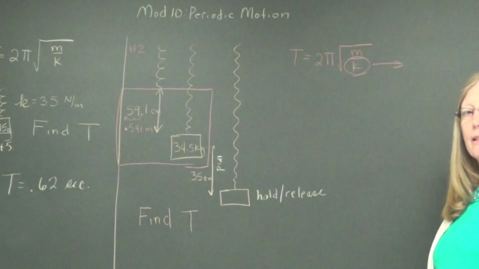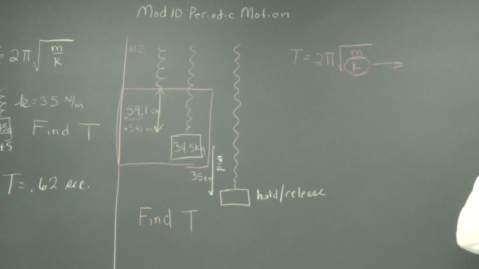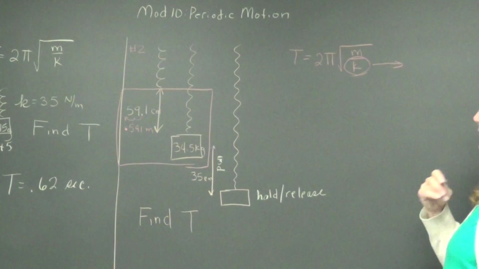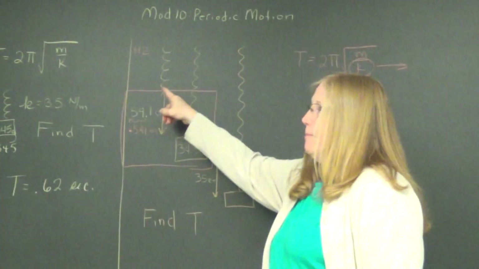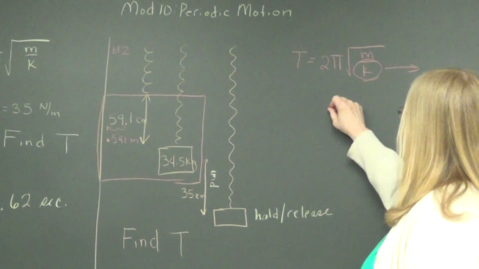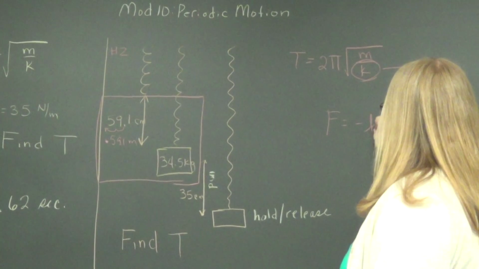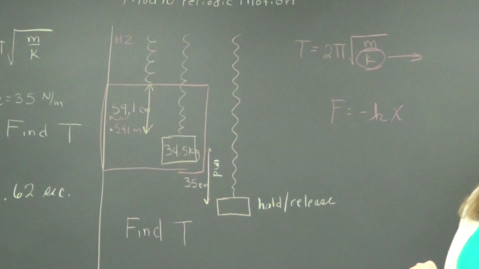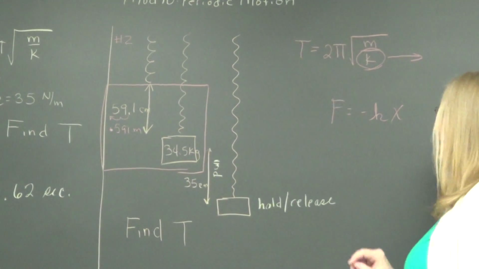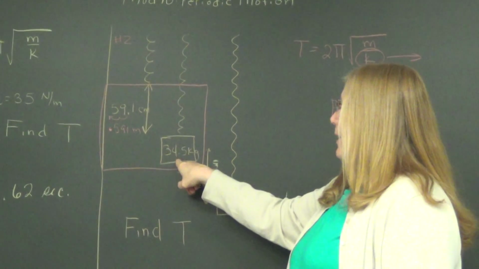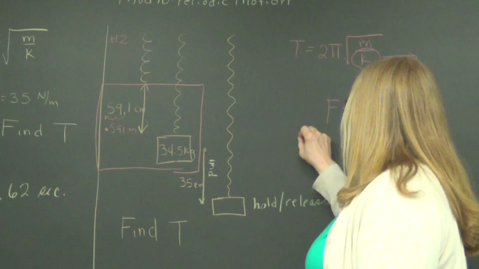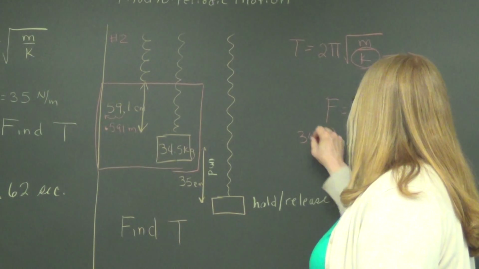All right, let me jump in and show you how to do this. Inside this red box, I can find K with F equals minus KX. We were pretty good at doing that before the break, so a little rusty right now. Force is provided by the weight, so we have 34.5 times 9.8.